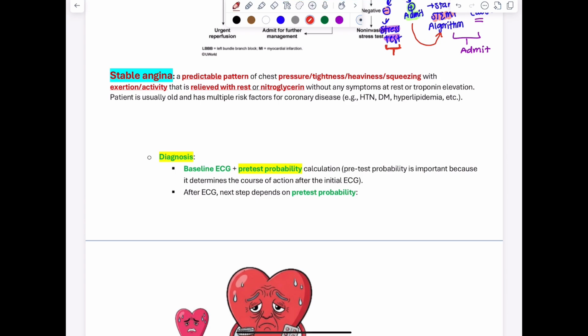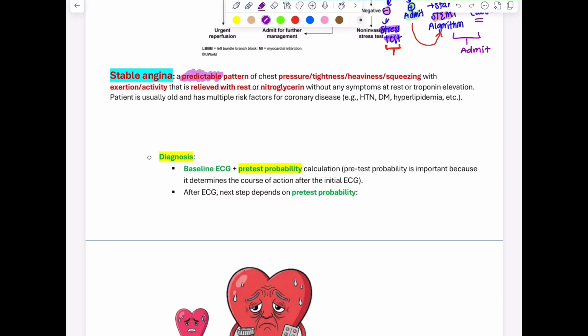And just keep in mind what I said earlier. Whenever you learn about any new condition, not just in cardiology or respiratory, in every single condition that you study, know the features, the characteristics, and how it's worded. So for stable angina, we're going to have a predictable pattern.